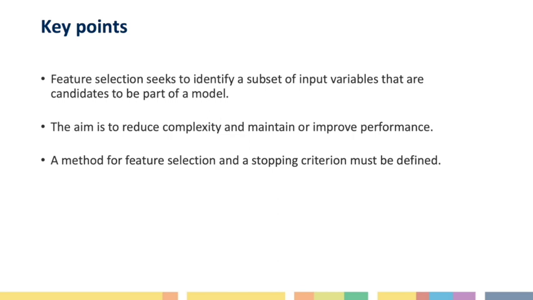Apart from this, we identified that in order to do the attribute selection, it's important to define a method that's going to be used for executing this process. And it's also important to define a stop criterion.